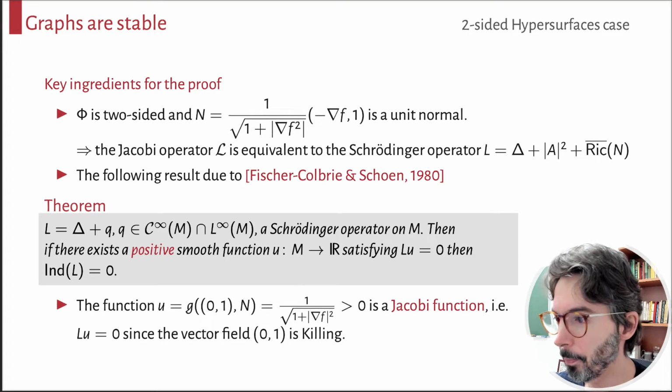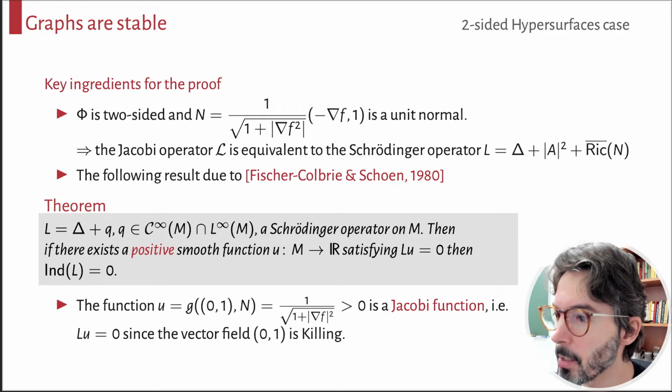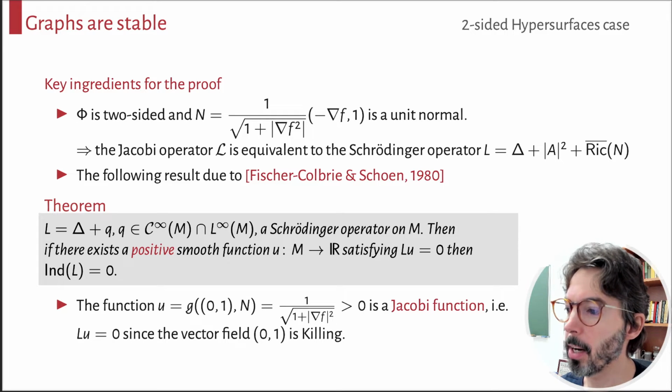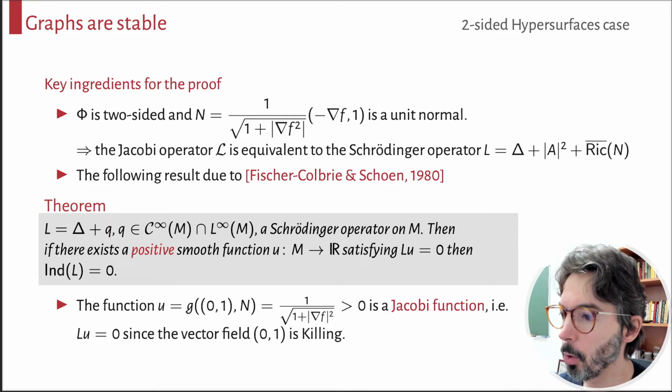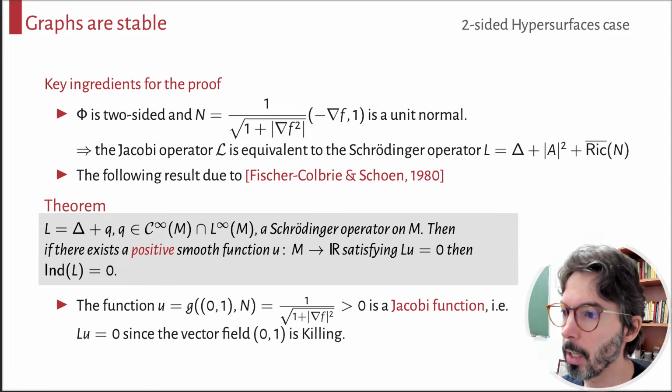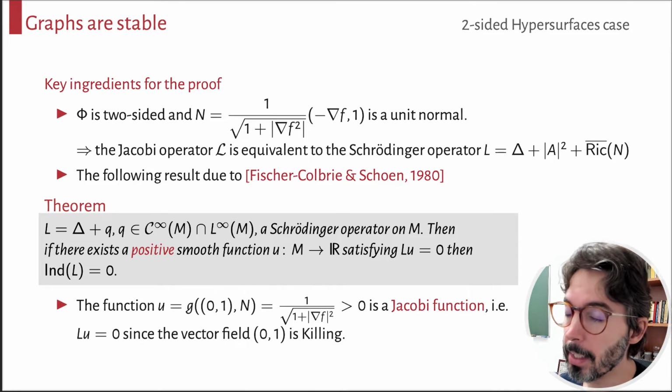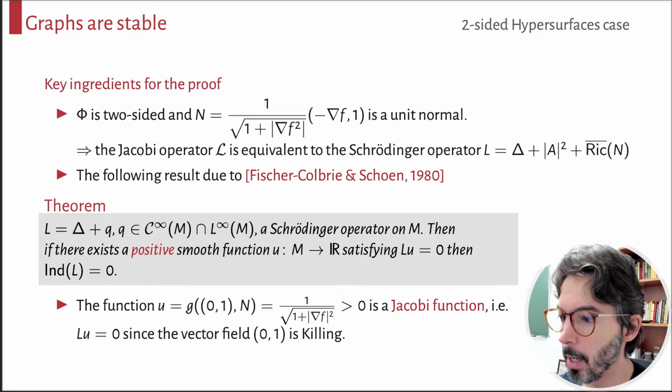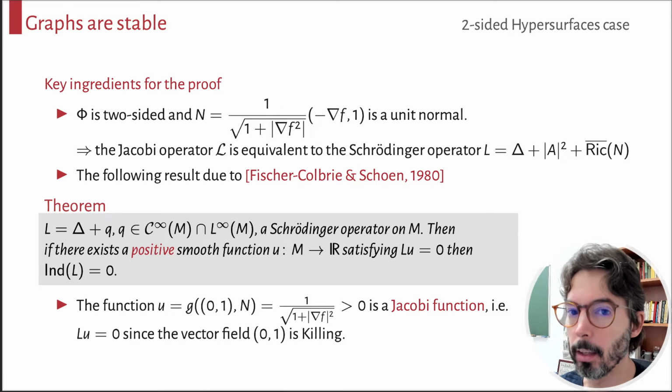This is exactly the same as saying that, in our setting, the immersion is stable. In our case, what is this positive function? It is the function u given by the scalar product of the normal and the direction in the real line. That function is in the kernel of the Jacobi operator because it is what is known as a Jacobi function, obtained by taking the scalar product of a normal vector and a Killing vector field of the ambient manifold.